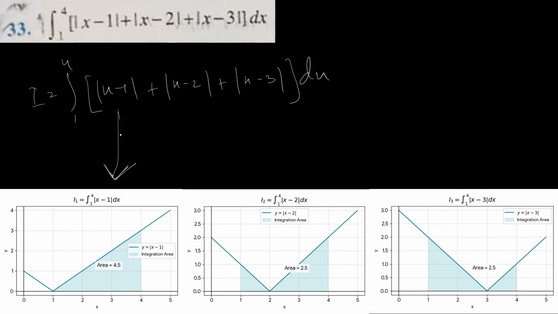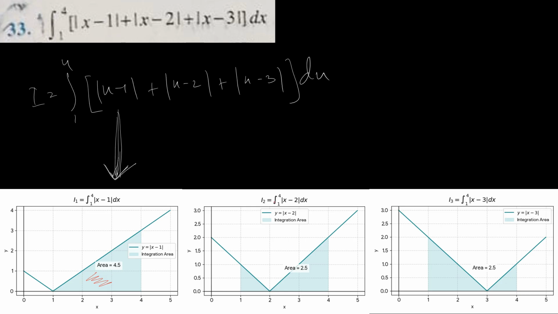This is the graph. Here in the graph you can see that only this side is shaded, and this side is not shaded, it remains blank.